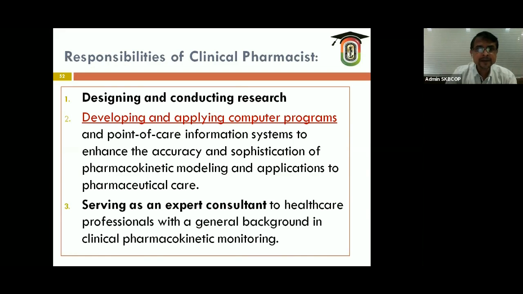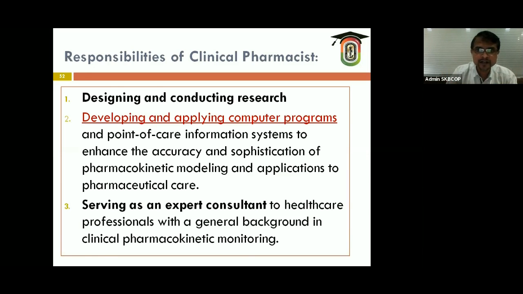And the last could be that he can serve as an expert consultant to healthcare professionals with a general background in clinical pharmacokinetic monitoring. Since the clinical pharmacist has more experience as far as the drug is concerned, we have been saying this again and again. Apart from this, the therapy part is related, he will have more experience, so a good clinical pharmacist can serve as an expert consultant to the healthcare professionals, of course with a general background of clinical pharmacokinetic monitoring.